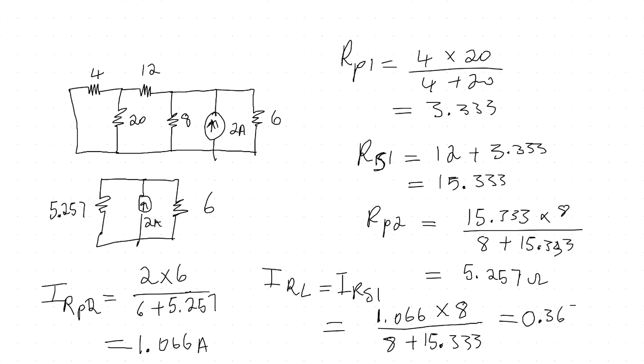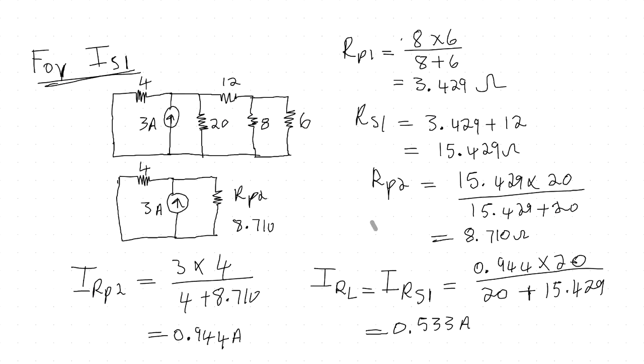So that means it's IRL3, because remember, we have 3 sources, so we must have 3 currents. So it's IRL3. I'll go to the second page and label this.